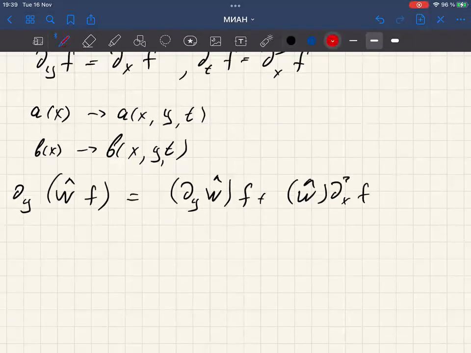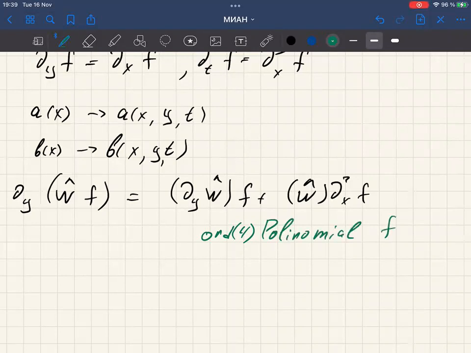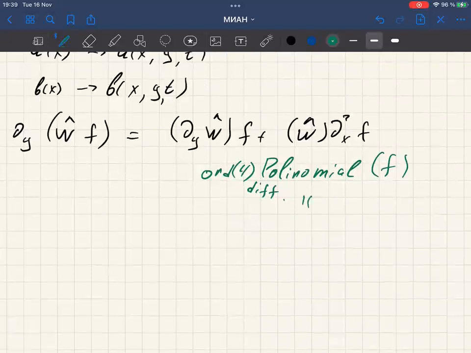This can be written as some order 4 differential polynomial on x, and it should be equal to 0 since we have this equal to 0.